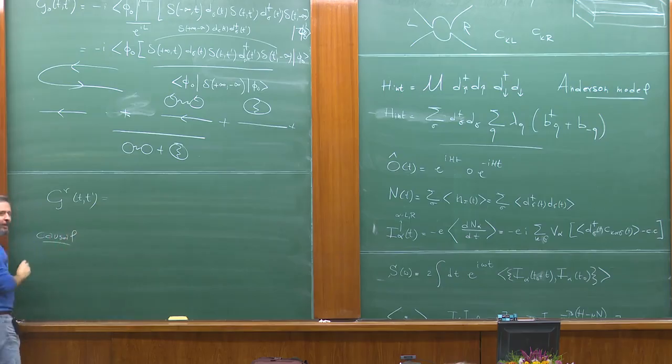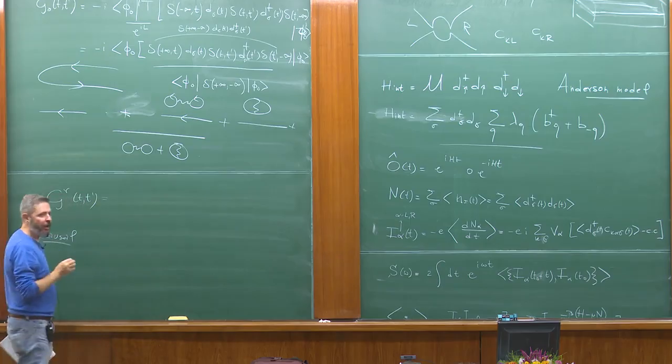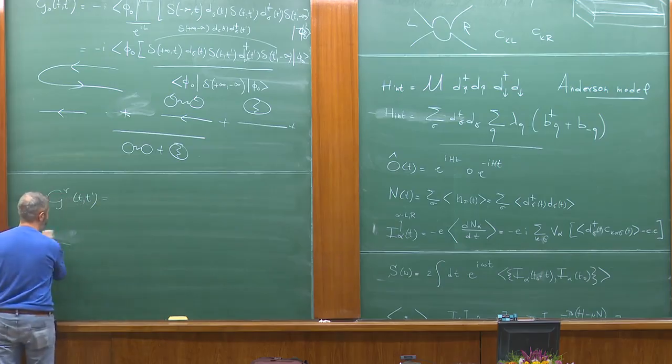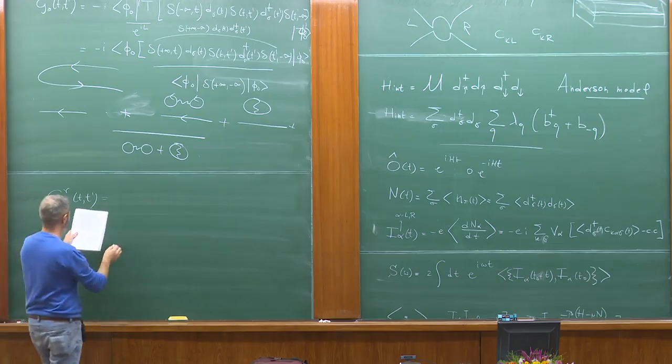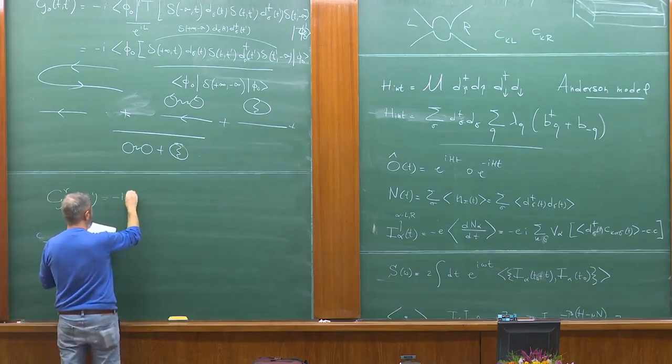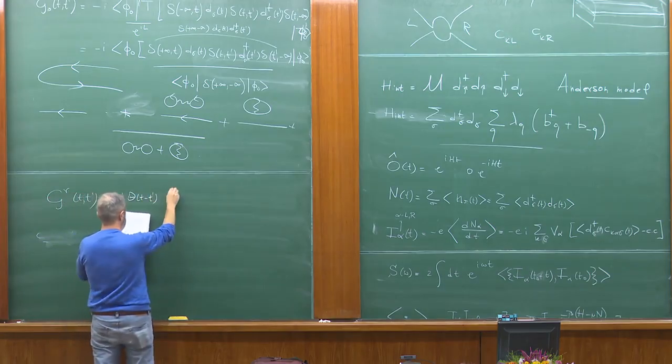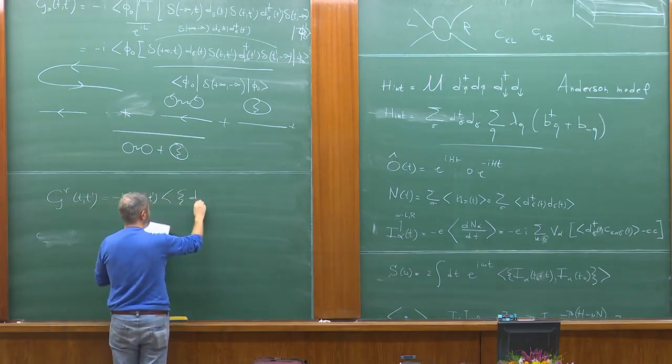I don't know how to pronounce it. Right. So, and these are the Green functions with the anti-commutators.